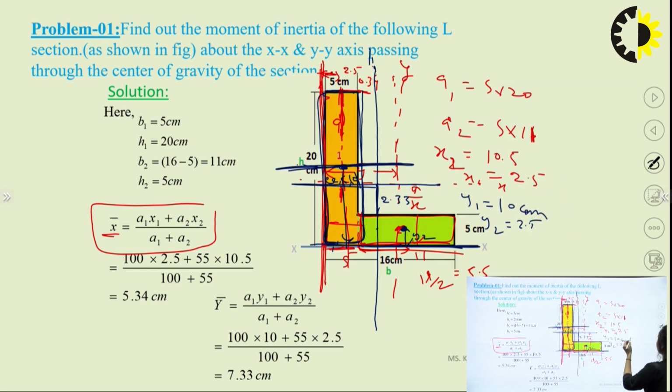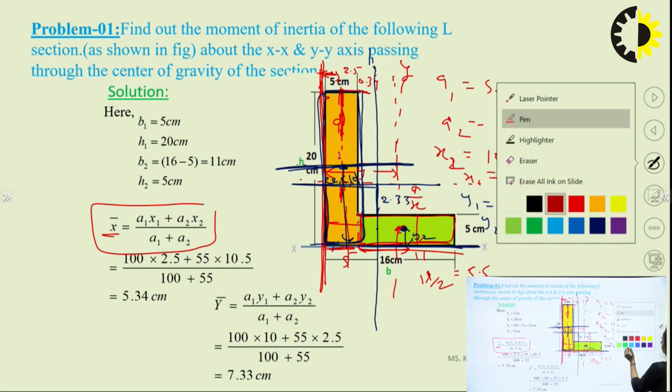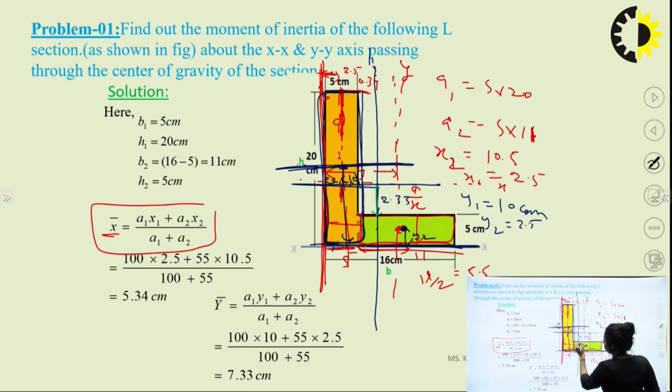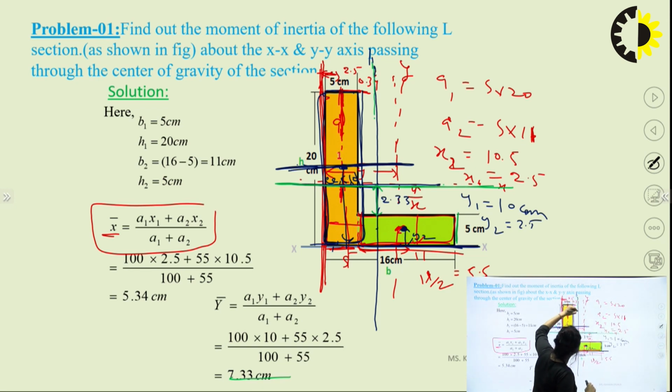This value is 2.33. The total value is 7.33. This 5 plus 2.33, it is 7.33. So our reference axis lies here. The composite section neutral axis lies here and here.